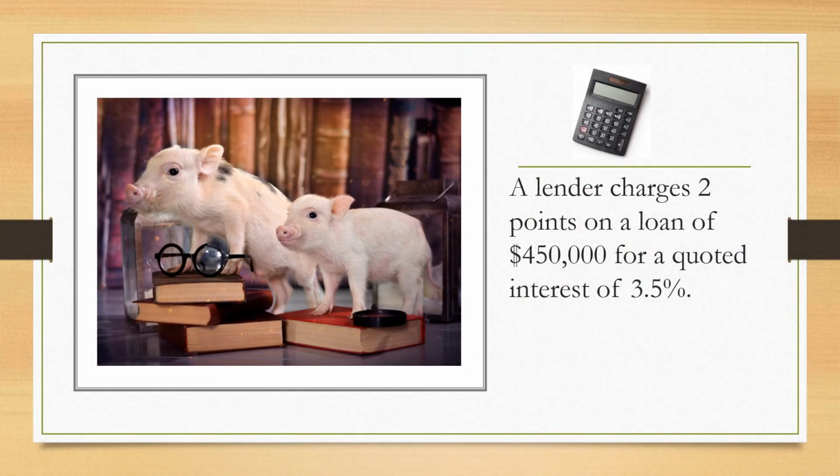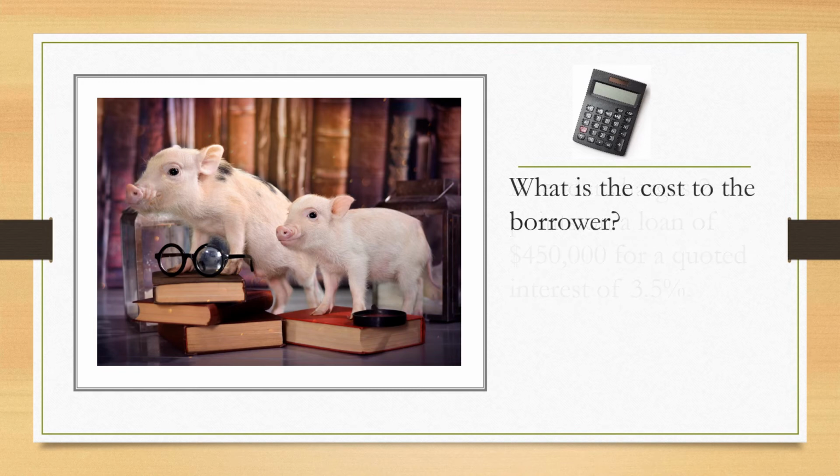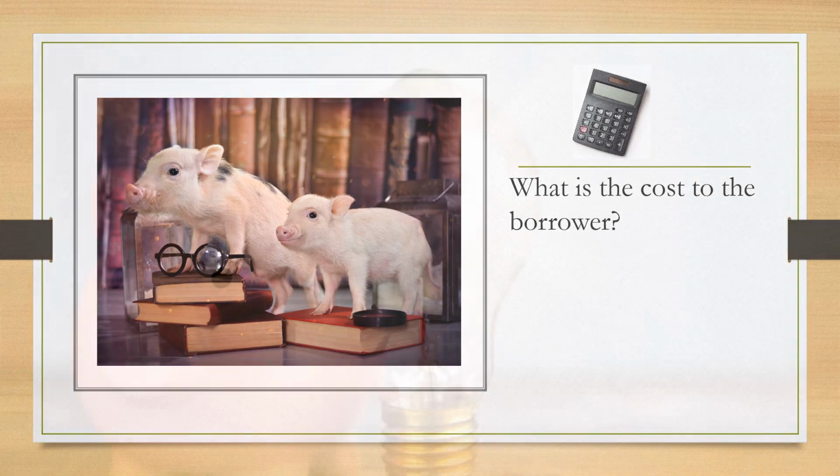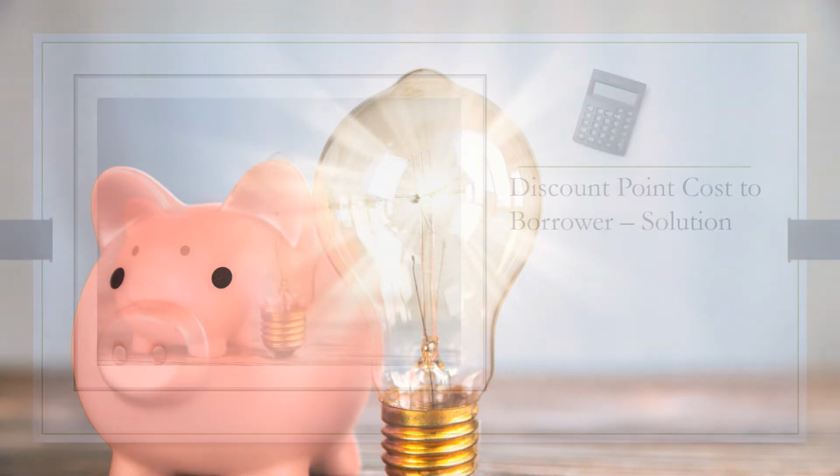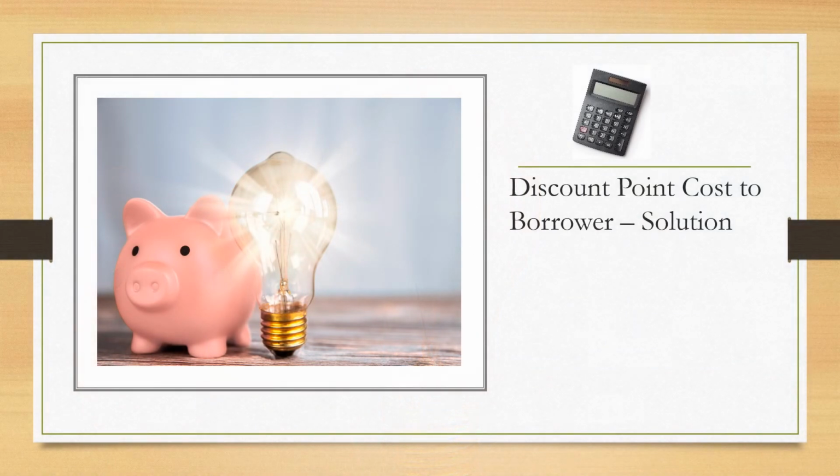A lender charges 2 points on a loan of $450,000 for a quoted interest of 3.5%. What is the cost to the borrower? Discount point cost to borrower solution.